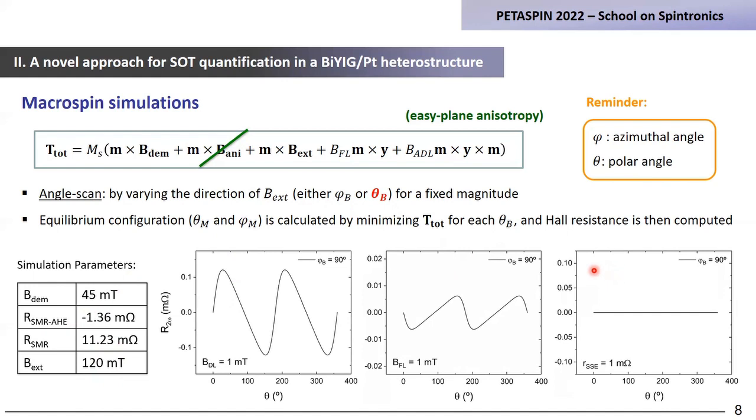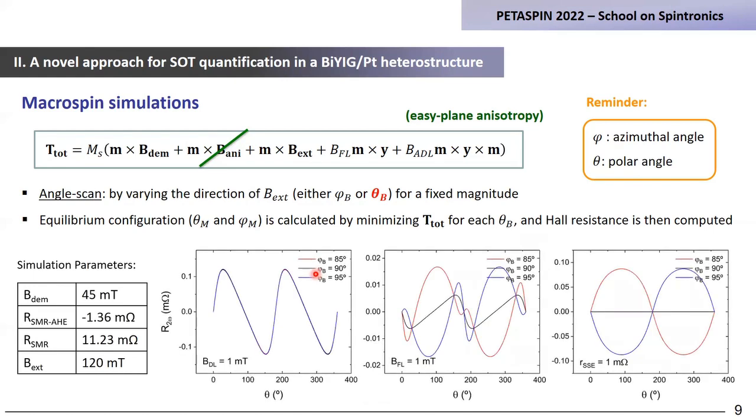As we can see at phi equals 90, the spin-Seebeck effect contribution is 0. And even though they present opposite signs, we see that the damping-like and the field-like torques display a sin 2phi behavior. Consequently, one cannot a priori discern between these two contributions at phi equals 90.